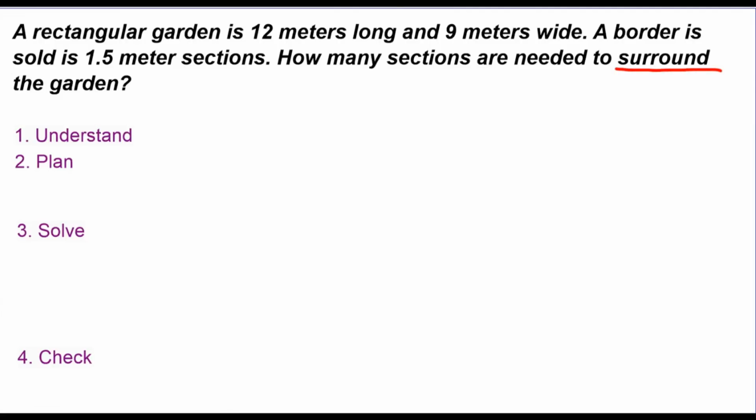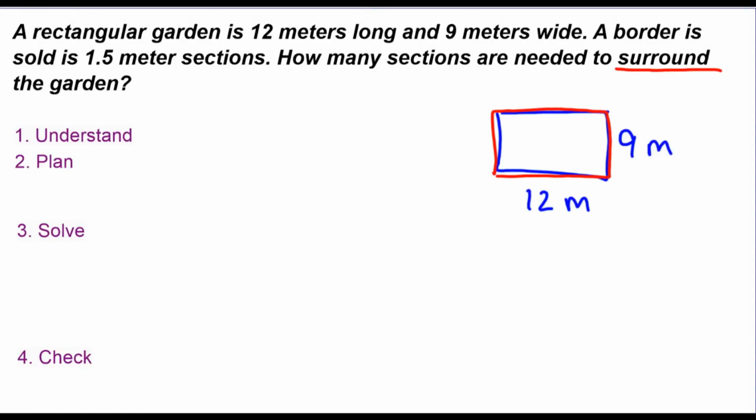Surround the garden. So we're going all the way around the garden. And usually when they describe something geometrical, I like to make a sketch or a drawing. That's a helpful clue to help us solve problems here. So I'm just going to make a rectangular garden, and it told us it is 12 meters long and 9 meters wide. So I want to surround the garden.